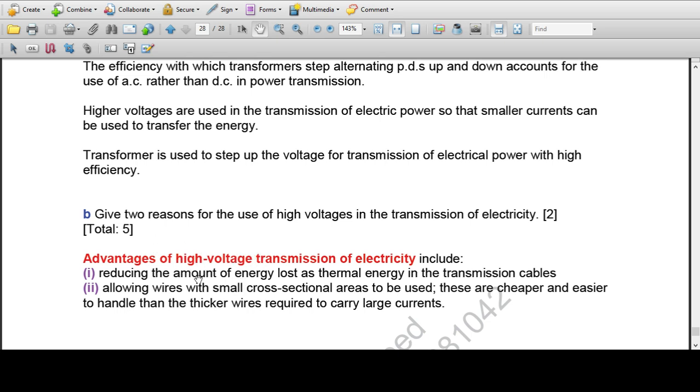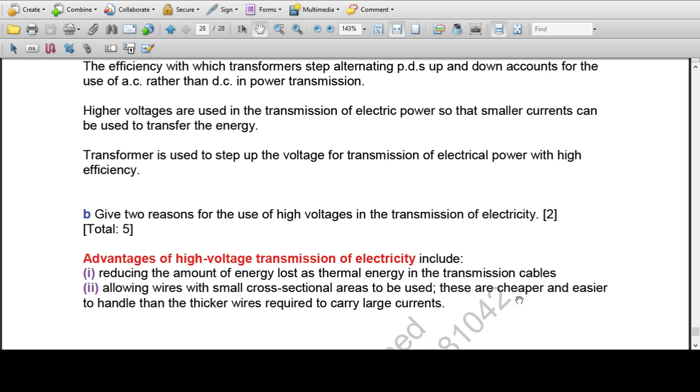When current is reduced, the conductor cross-sectional area can also reduce, allowing wires with a small cross-sectional area with a high voltage.